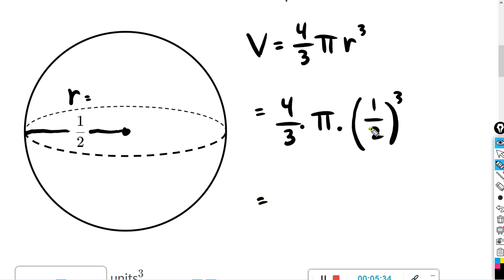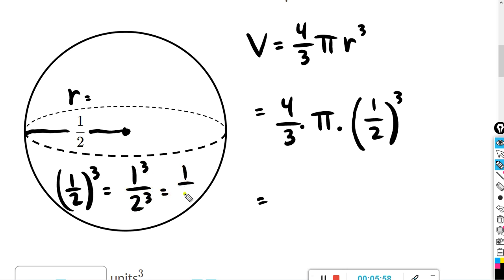All right, so remember when you raise the fraction to the exponent, like let's say you have 1/2 cubed, I'll do it right here, that exponent gets applied to the numerator and denominator. So that's going to be 1 cubed divided by 2 cubed. Okay, 1 cubed is just 1, and 2 cubed is just 8.